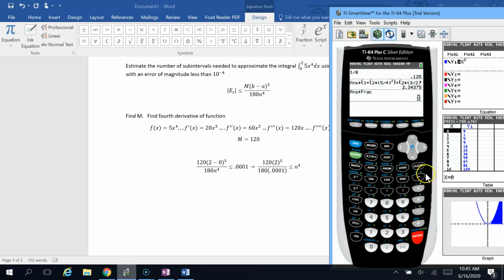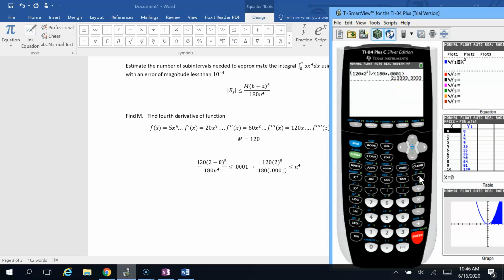So here, just to show you how I would do it, first off, all that stuff on the left, we would do the 120 times the 2 to the 5th. Okay, that divided by the 180 times our error there, 0.0001. And I'd get an answer there. So that's all the stuff on the left-hand side, and we want to take the fourth root of that.